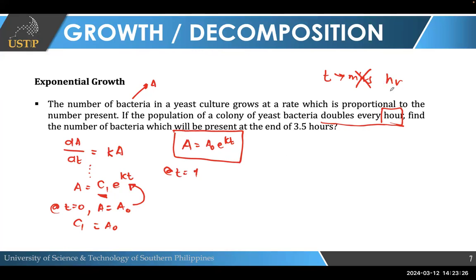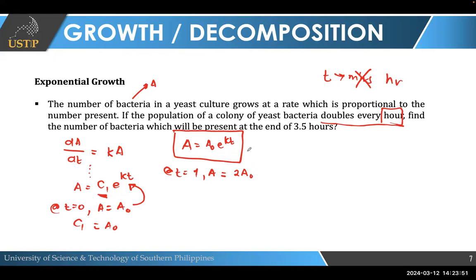Since our T is assumed to be in hours. So, doubles every hour, meaning at T is equal to 1, what is our A? It doubles with respect to your initial value. So, 2A naught. Okay, so we can see here that we can still get K even though we have no specific initial value.